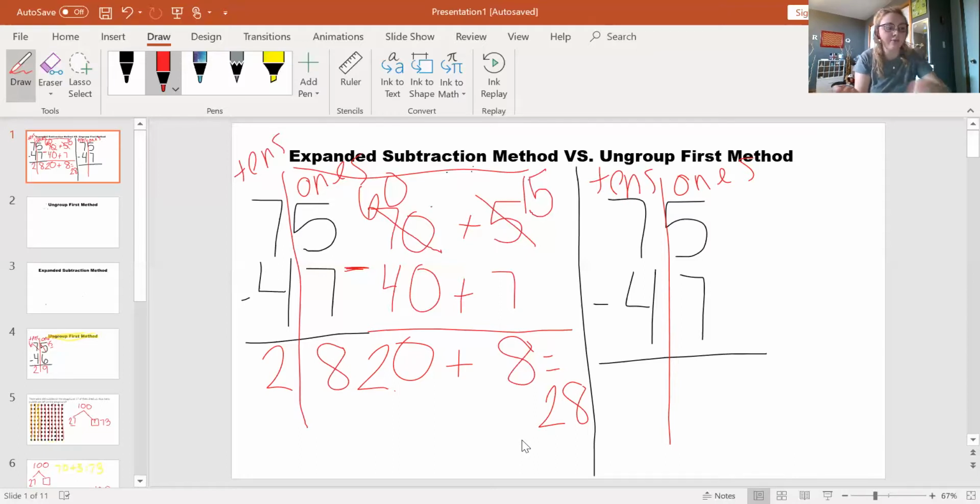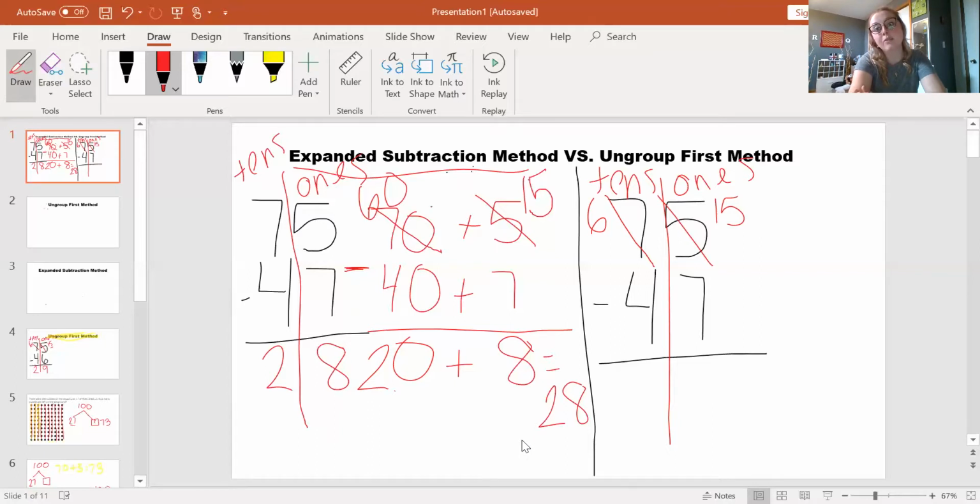Then can I do 5 minus 7? Can I give you 5 of something and you take 7 away? No. That means you need to come over, you need to borrow. This 7 becomes a 6 because I'm taking 1 ten away, and we add it over to our 1s, and that becomes a 15.